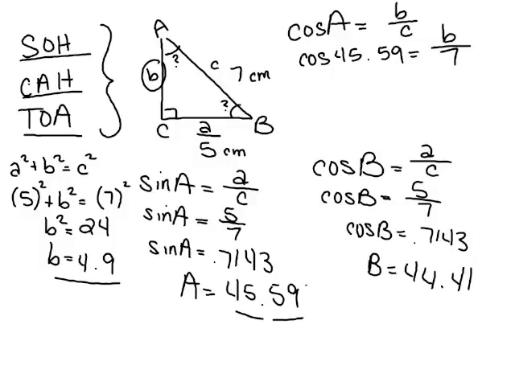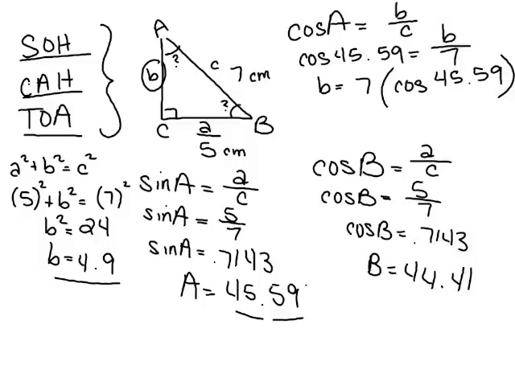So to get my little b alone, how do I do that? Times each side by 7, right. So that will get rid of the 7 on bottom. So then I'll have 7 times the cosine of 45.59 degrees.